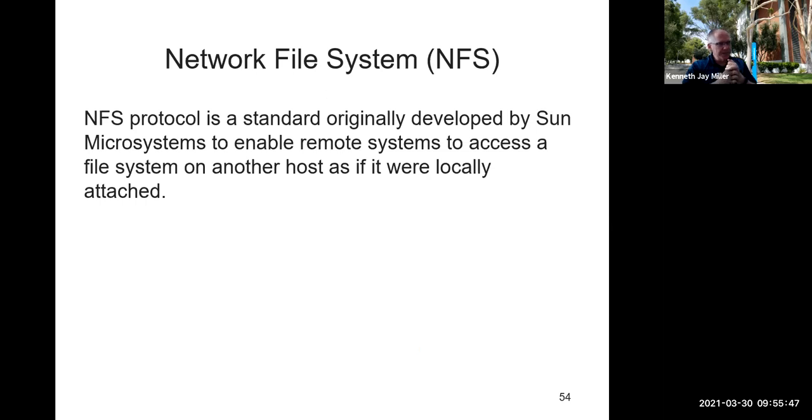The NFS protocol is a standard originally developed by Sun Microsystems that was designed in the Unix world to allow Unix servers to access remote storage as if it was on the same network, right? So it's the same thing as what we're trying to do with fiber channel and iSCSI: to enable a remote system to access a file system on another host as if it were locally attached.